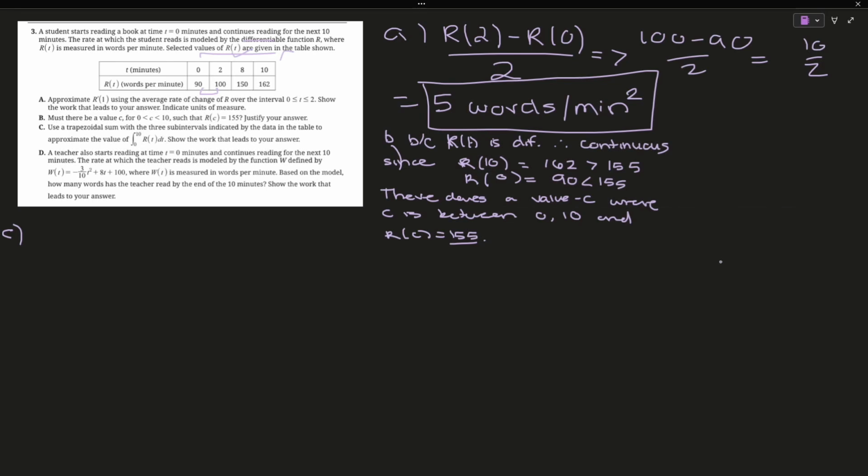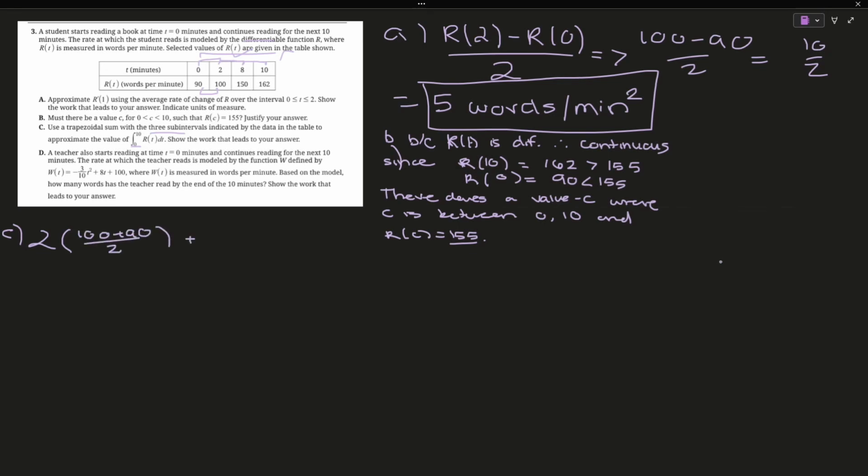Question C is asking us to use a trapezoidal Riemann sum with 3 subintervals indicated by the data in the table to approximate the integral from 0 to 10 of r of t. So if we want to use 3 intervals, we could use 0 to 2, 2 to 8, and 8 to 10. And remember that a trapezoidal Riemann sum is basically the average of the y values. So the width of the first interval is 2, and the average of the y's would be 100 plus 90 divided by 2.